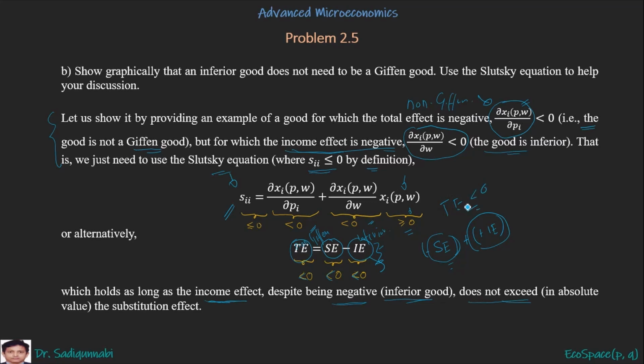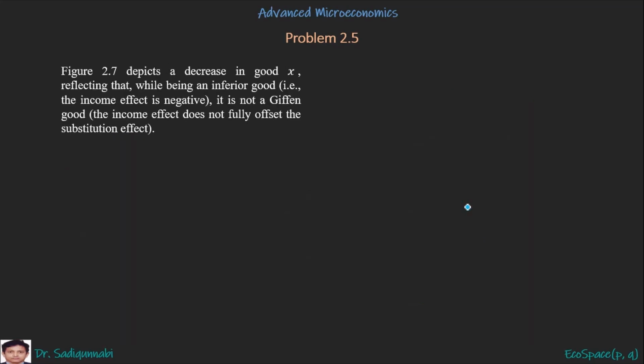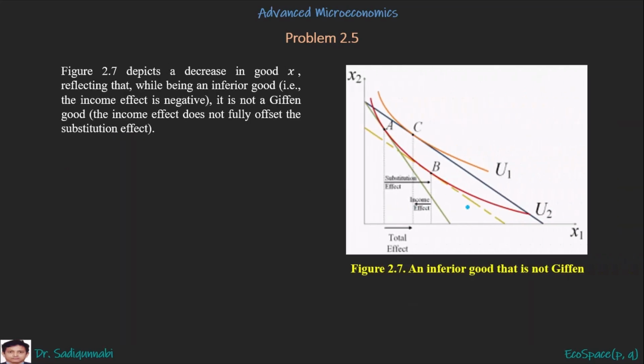Let's see in the figure 2.7. So we see that the movement from A to B is a substitution effect, which is negative. For the substitution effect, moving to the right is negative. For the income effect, moving to the left is negative, and for the total effect, moving to the right is negative.